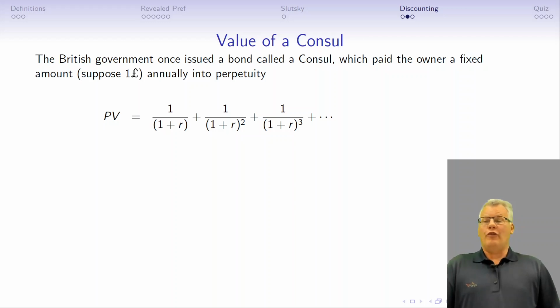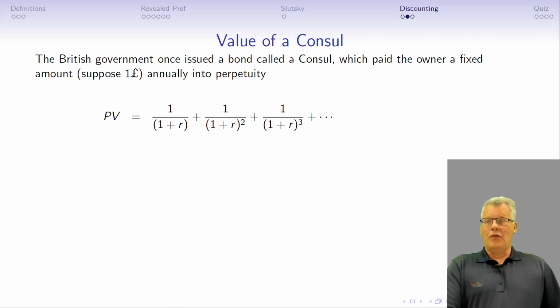So if we wanted to figure out how much a consul should sell for in the marketplace, suppose that we have this security that pays £1 annually forever. The present value of that, we would take the first payment of £1, which occurs a year from now, and discount it to present.